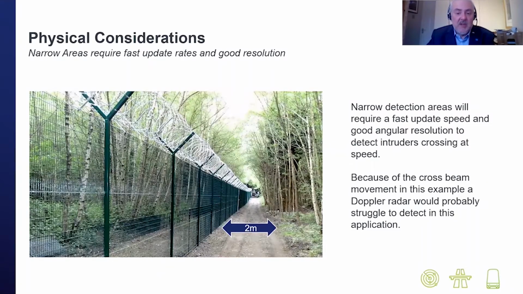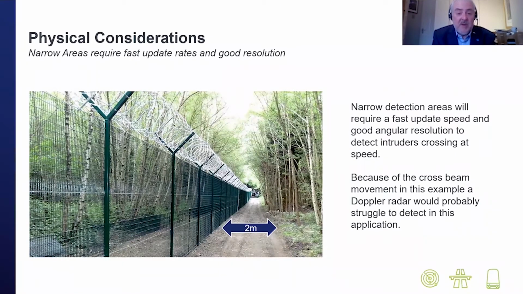So in this particular example, we've got a very narrow sterile zone between the fence and the site itself. It's only 2 meters wide. So in this application, you're going to need a very fast update speed and good angular resolution to make sure you pick up any intruder crossing that line at speed.